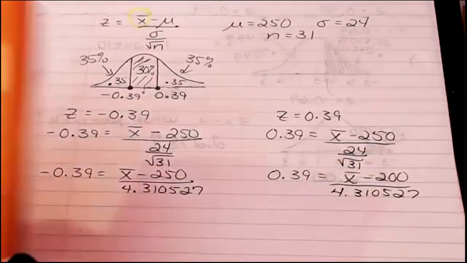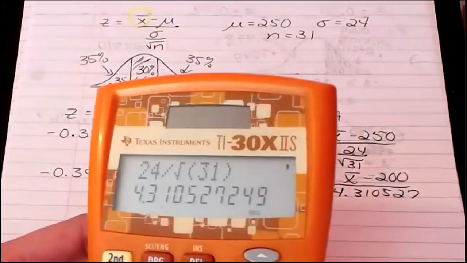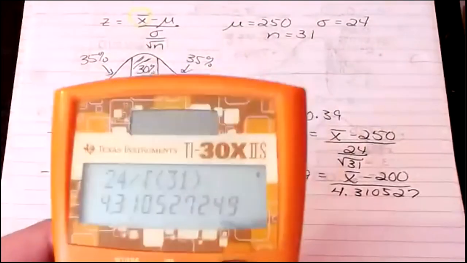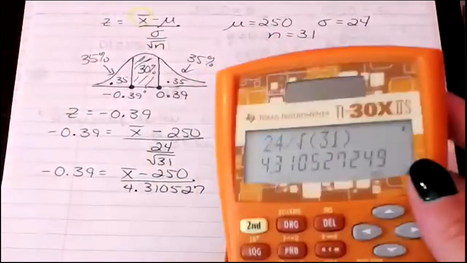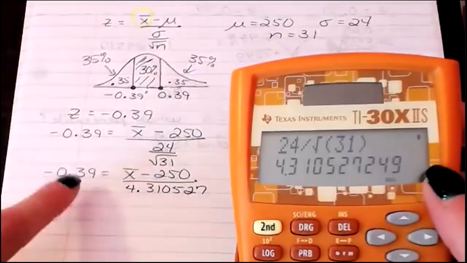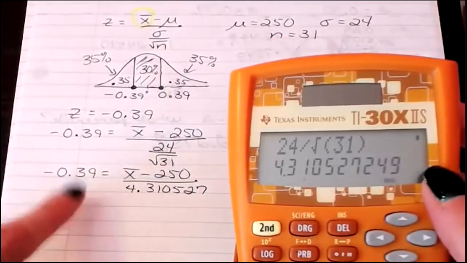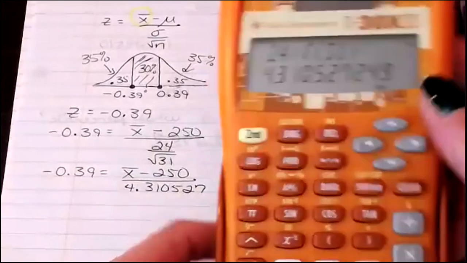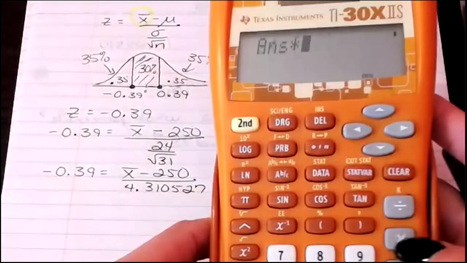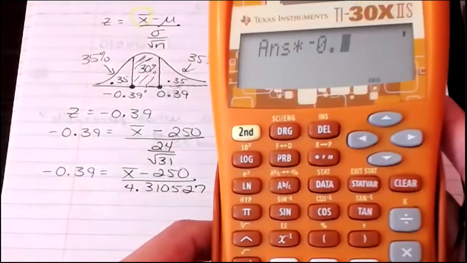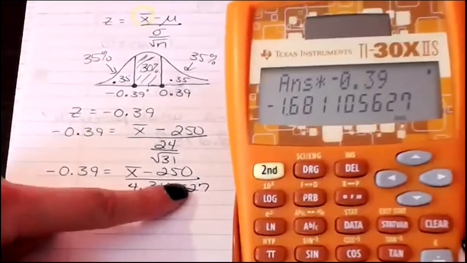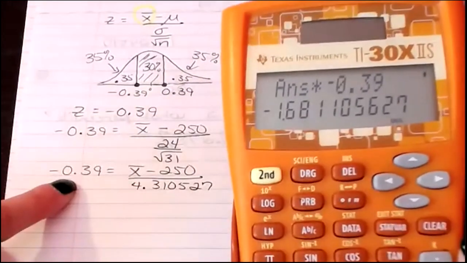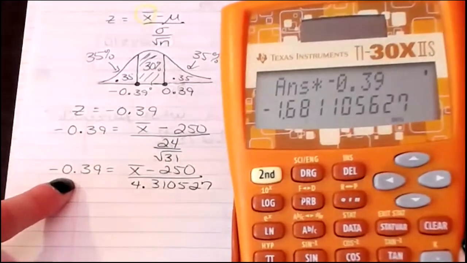You see how I have my value in my calculator. The 24 divided by the square root of 31 is 4.31, et cetera. The next thing I'm going to do is multiply by negative 0.39. I'm just going to tell my calculator to do it. My value will be negative 1.68, et cetera.